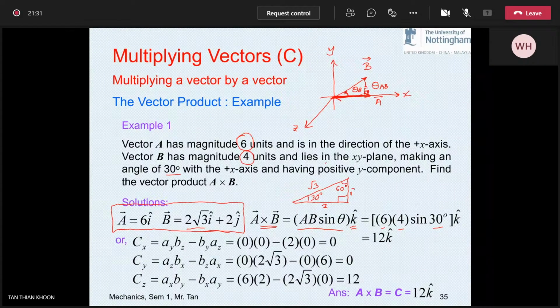For sine 30 is 1 over 2, cos 30 is root 3 over 2, and so on. Can you get it? Oh, sorry, is this correct? Anyone?